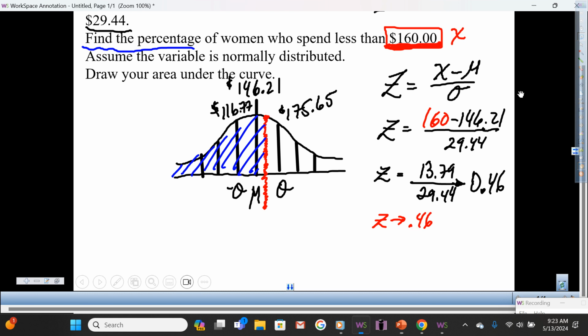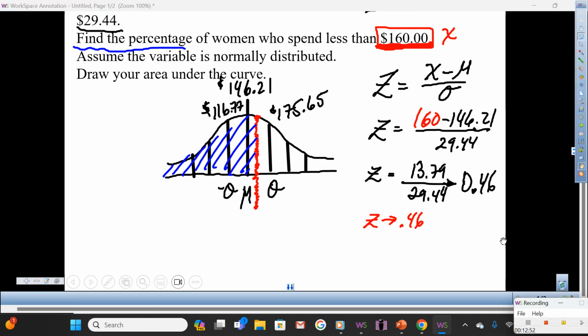Yeah, you find it on your table so you can find a decimal to make it into a percent. I sent the table over to your screen. Find me that decimal, please. Give some time. All right. Well, what is the decimal value of 0.46?